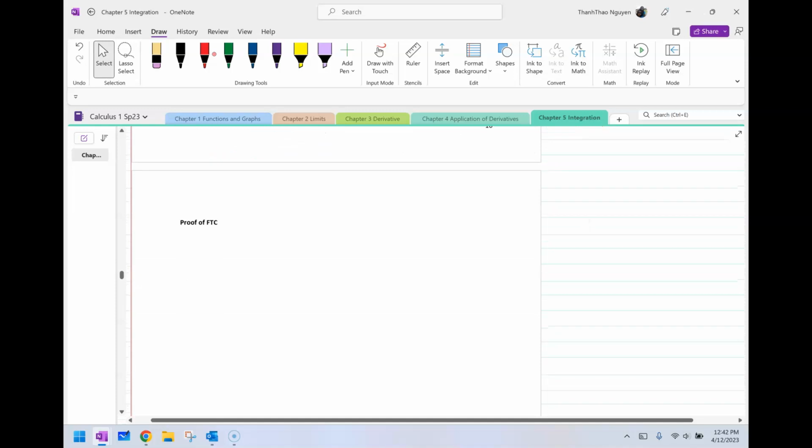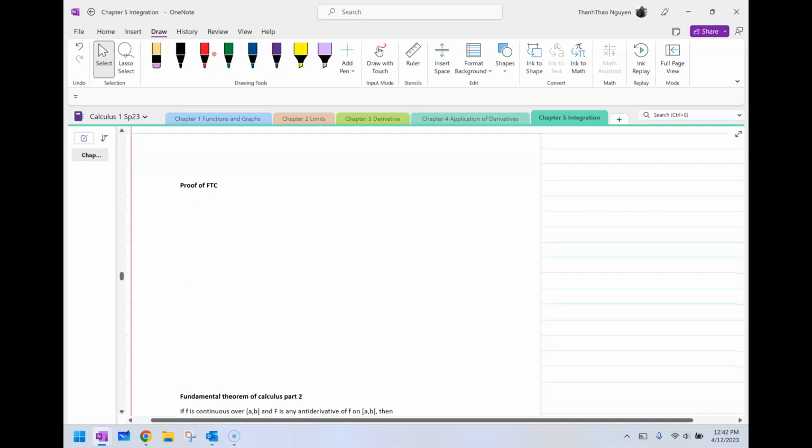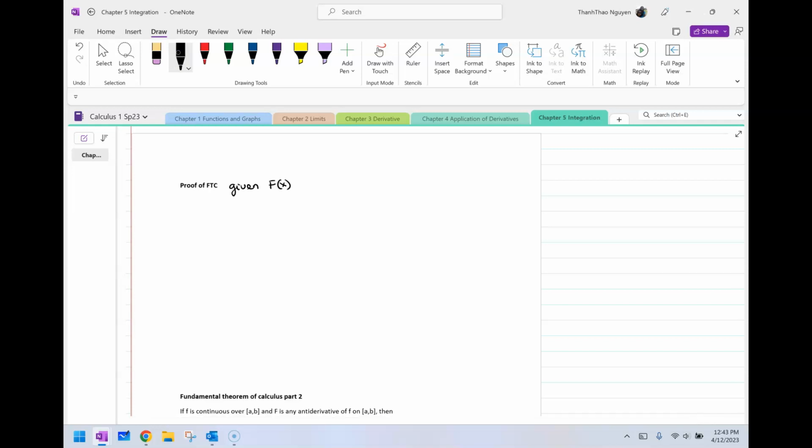Take a look at the proof of the fundamental theorem. Let's say we are given the function F(x). Then F prime of x is the limit as h approaches 0 of [F(x plus h) minus F(x)] divided by h.